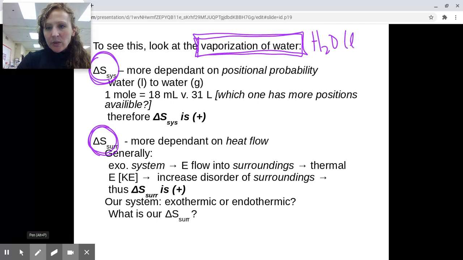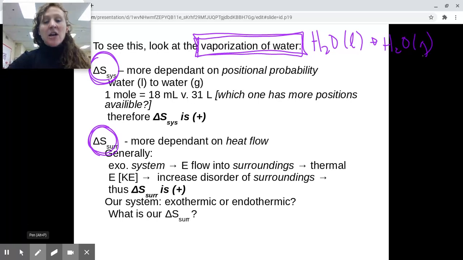H2O liquid goes to H2O gas. If you were to answer this, what you would probably say is entropy is going to increase because of a couple different factors.